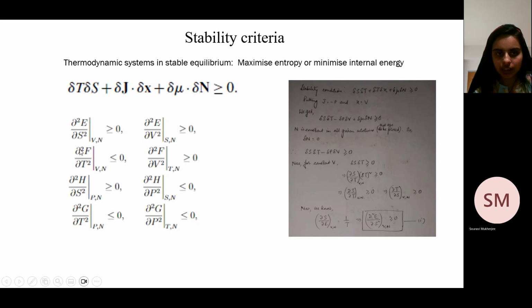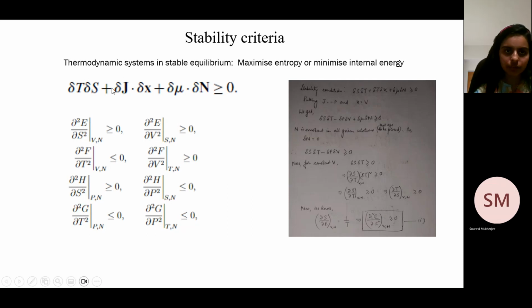So these are the different stability criteria in terms of the different potentials. How does the internal energy or the Helmholtz free energy or the enthalpy or the Gibbs free energy, how does each of them change as the system approaches equilibrium?